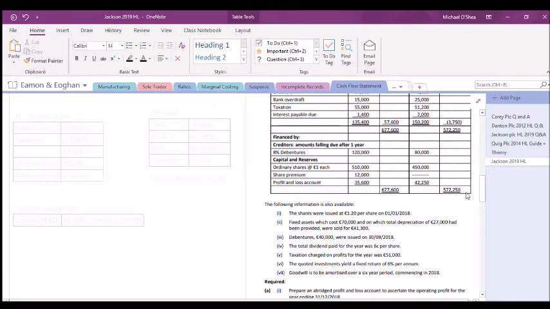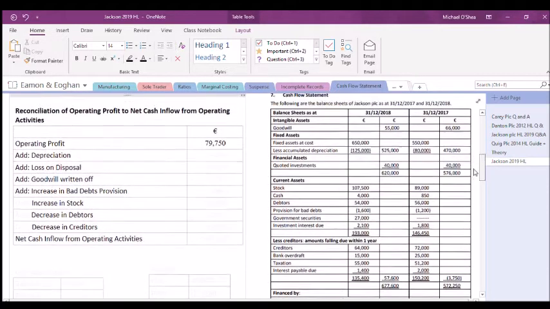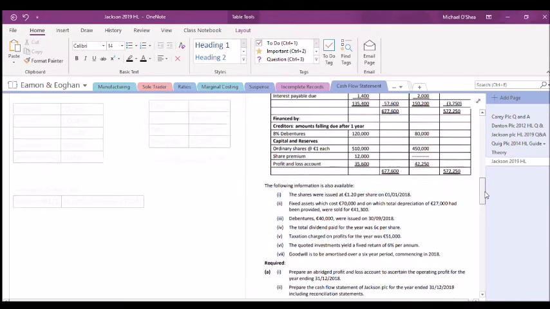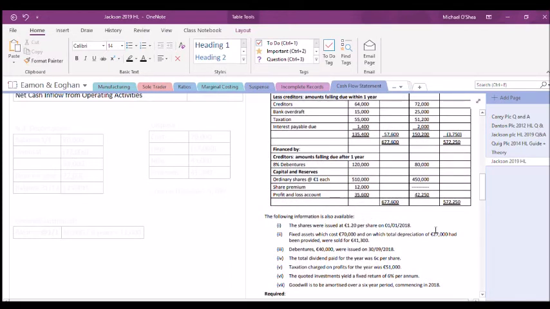This 27,000 is gone from the accounts here, but technically part of it should be depreciation for the year. Now, in a cash flow question, you're never given information regarding when this depreciation happened and how many months are for this year. So you actually have to assume that all 27,000 was an expense for the year.